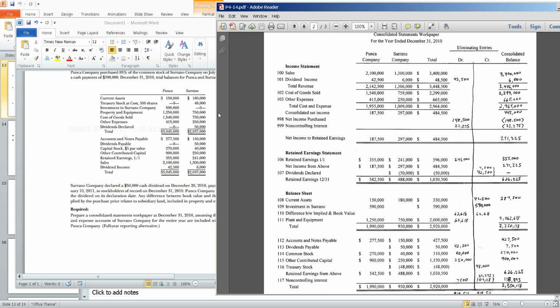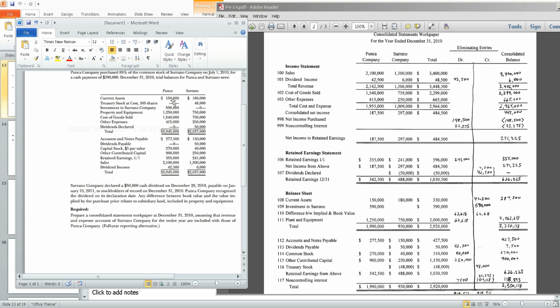So for example, we've got current assets of $150,000 for the parent and $180,000 current assets for the sub. So all these accounts were simply dropped over here in the consolidated statement worksheet, which is arrayed in financial statement format.